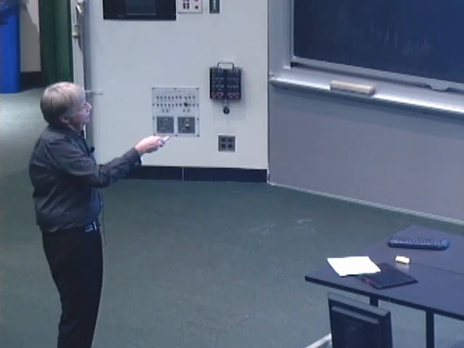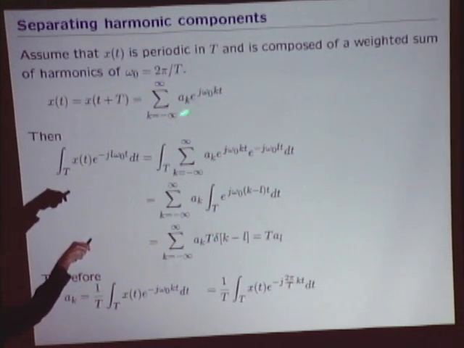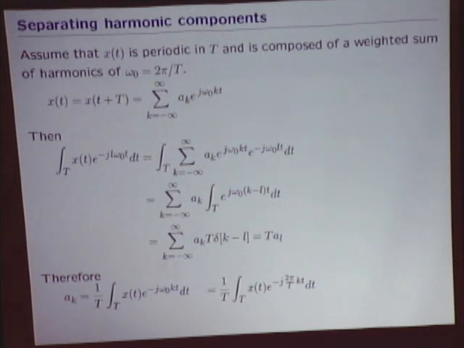So imagine that we can write x of t, some generic periodic signal, as a sum of harmonics. Then let's use those principles that we talked about before. If that can be represented as a sum, I can sift out the one of interest by multiplying x of t times e to the minus j L omega naught.